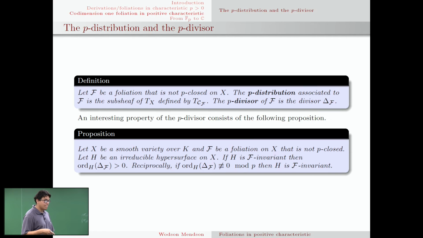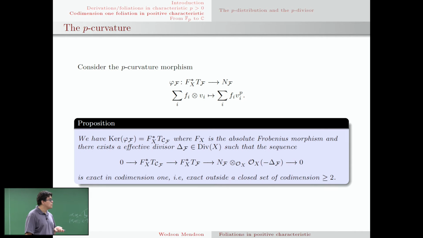Is this delta F the same as the Pic determinant defined in one of your first articles? No, it has nothing to do with it. Go back to the definition. So delta F, if you want, is the following.